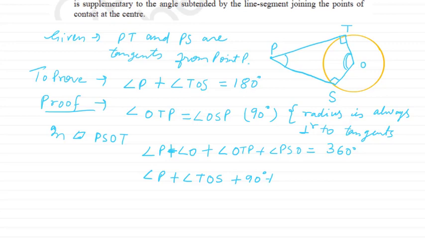So here we will get 90 plus 90 equals 360. So from here you will get angle P plus angle TOS is equal to 180 degrees. Okay, so hence we have proved that the sum of these two angles is supplementary, or the sum of these two angles is 180 degrees. So both the angles will be supplementary.